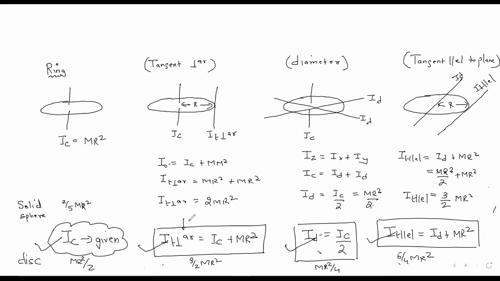And these two do not exist, because there is no diameter. Diameter and IC are the same. In a solid sphere the IC is also the same and the diameter is also the same. And there is no tangent perpendicular or parallel, there is only one tangent. Yes or no?